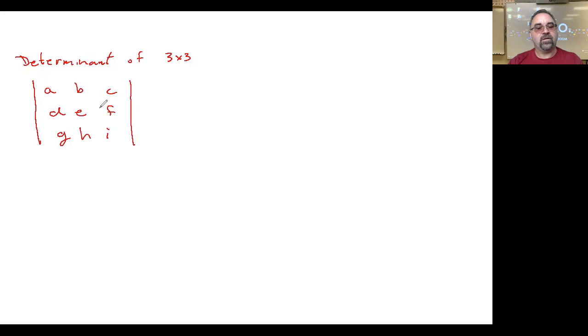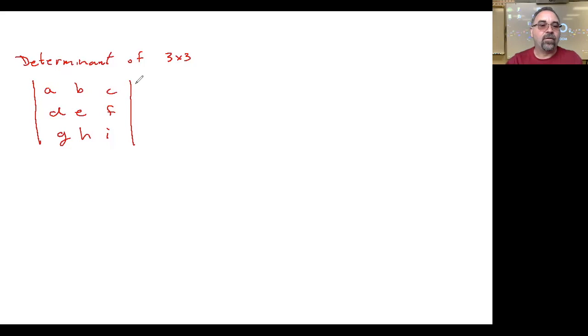So I'm going to show you that there's actually 2 methods to finding the determinant of a 3 by 3 matrix that we would do without just typing it in the calculator, and then I will show you with the calculator the third method where we just type it in and use the calculator to calculate the determinant.